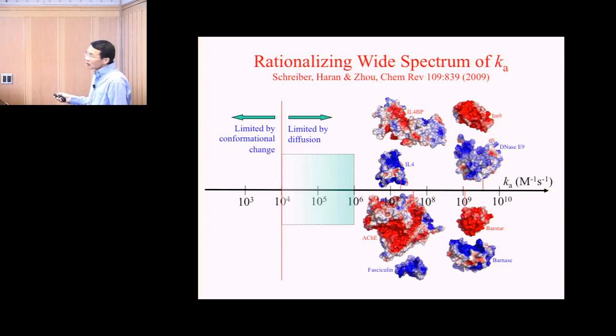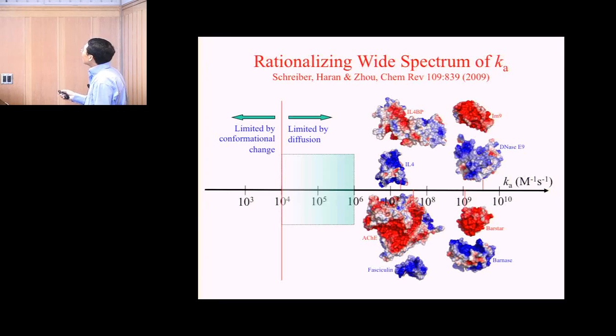So those are the rate constants that you would obtain if two subunits associated without the help of long-range electrostatic attraction. So, for example, antigen and antibody binding typically fall in this range, and then we can infer that antibody maturation is probably not guided by maximizing association rate constant, but rather by optimizing affinity.